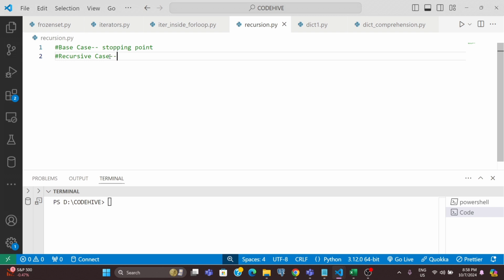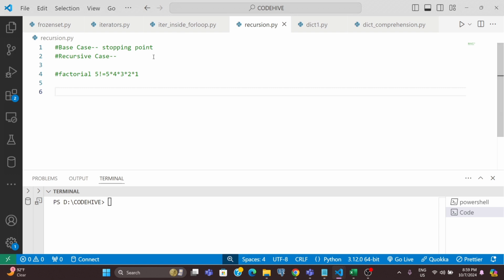Now I will explain this with an example. The common example is a factorial. I hope you know what is meant by factorial. For example, factorial of 5 we can write like this: 5 into 4 into 3 into 2 into 1.